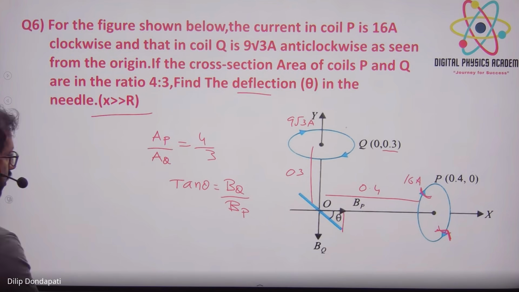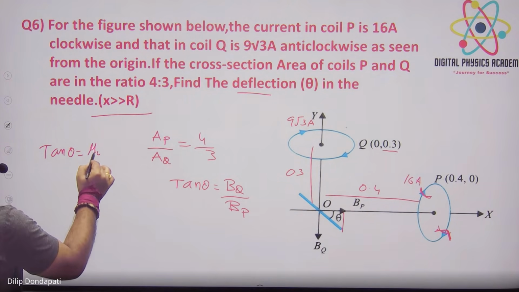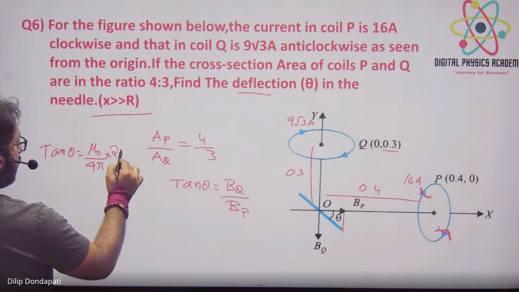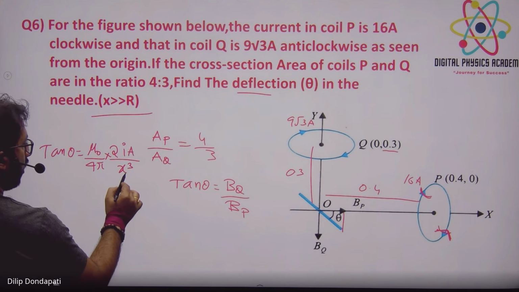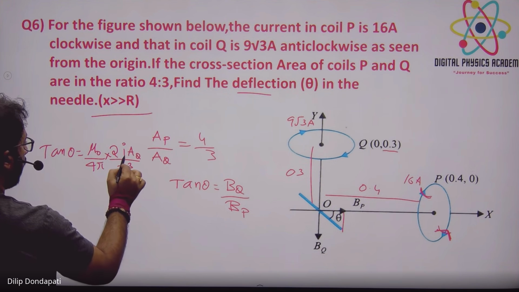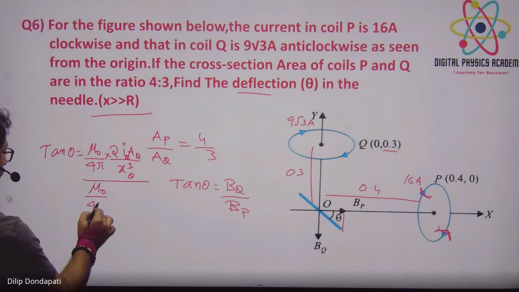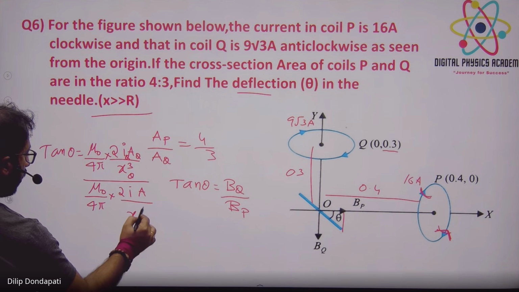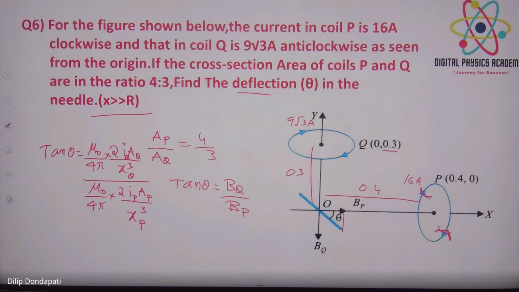So tan theta is equal to mu naught by 4 pi into 2 times m, which is IA, by x cube. Whose is this? Of Q, right? Q's area, Q's current, divided by mu naught by 4 pi into 2IA by x cube. Whose is this? This is P's. Now cancel; mu naught by 4 pi cancels, and find theta.